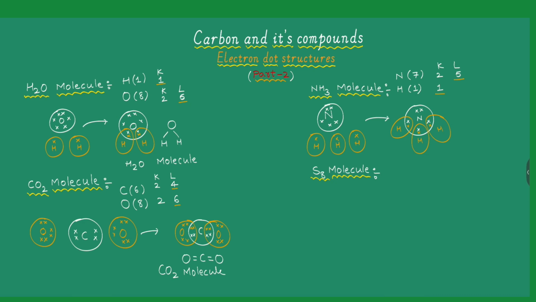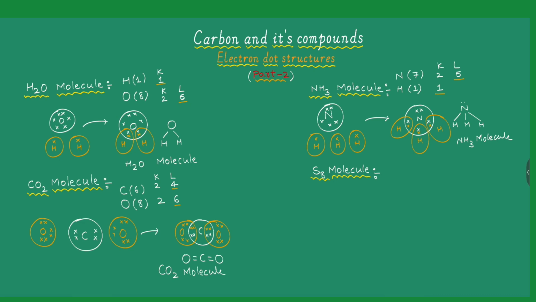So like this the NH3 structure will be there. This is the NH3 structural formula, and this is the formation of the NH3 molecule. Hope you understood the dot structure of the ammonia molecule.